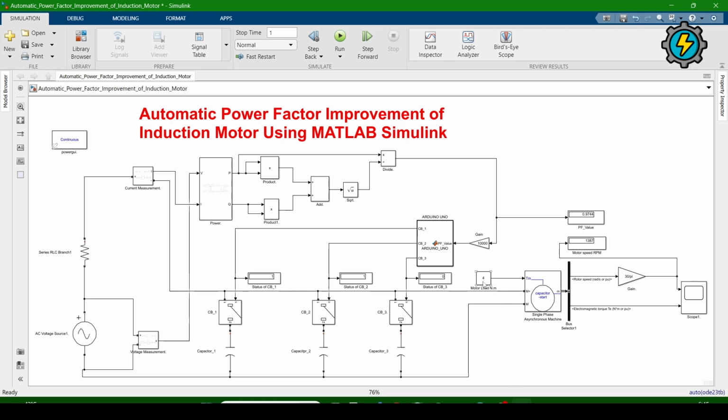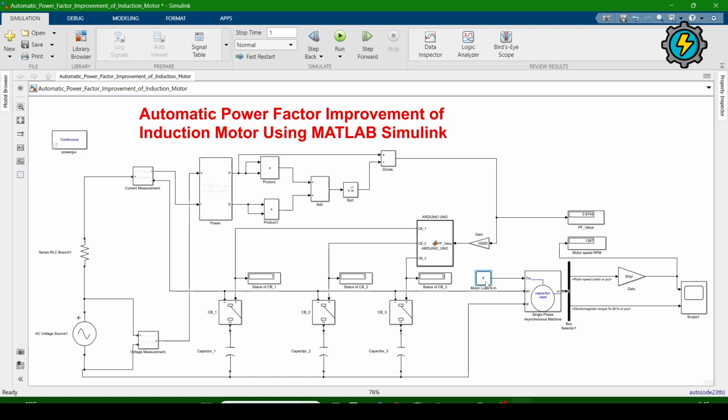So when I apply the 4 as a load on the induction motor, the power factor drops, and the function block will automatically sense that the power factor dropped, and it will automatically switch on this capacitor bank with the capacitor start induction motor and improve the power factor. Now it improved to 0.9744.